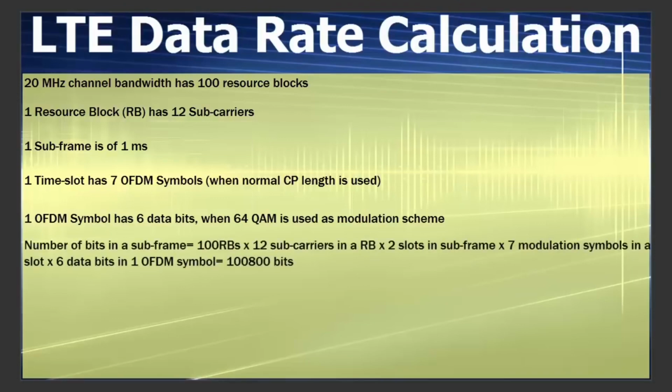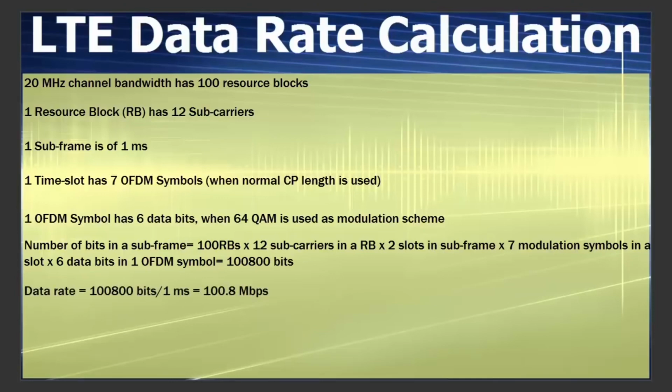Therefore, the number of bits in a subframe is 100 resource blocks into 12 subcarriers in one resource block into 2 slots in a subframe into 7 modulation symbols in a slot into 6 data bits in one OFDM symbol. It will come out to be 100800 bits.